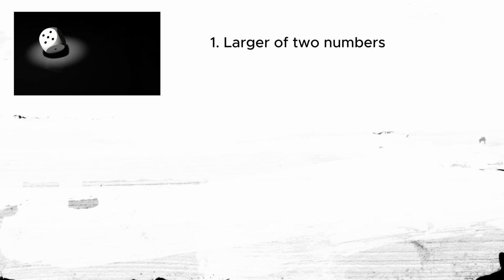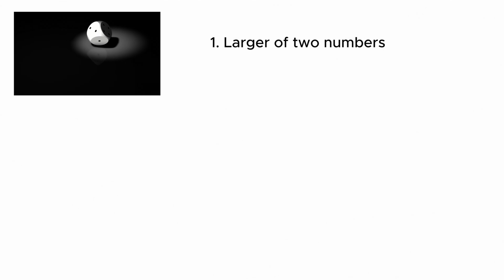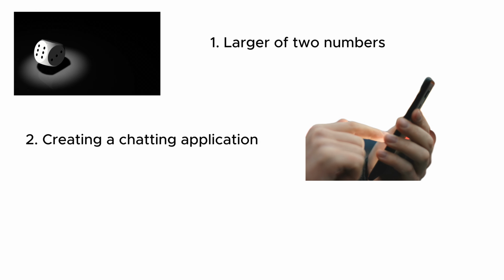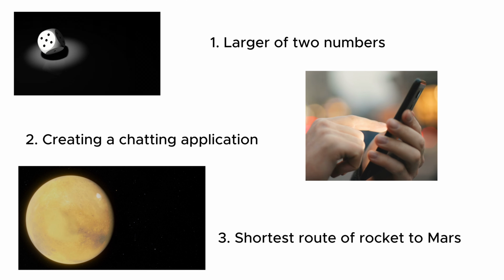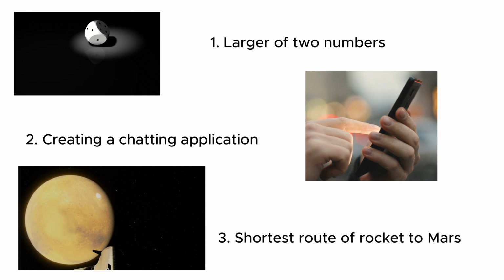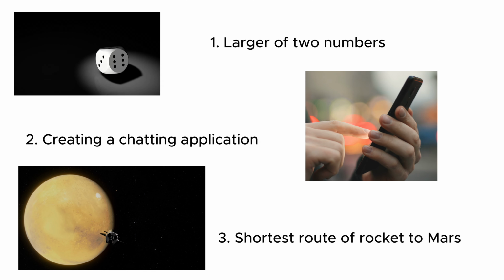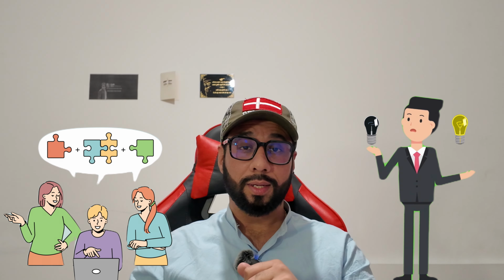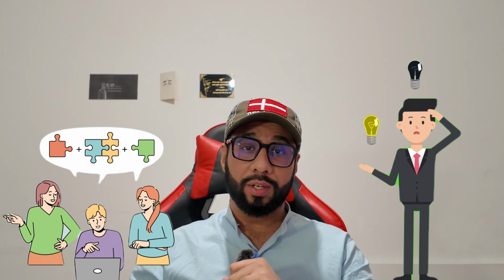From something as simple as finding the larger of two numbers or creating a chatting app like WhatsApp, to something as complex as plotting the shortest route for a rocket to Mars, these all are computer problems. And here is an interesting fact. A single problem can have multiple solutions, which means different ways to write a code and to solve it.